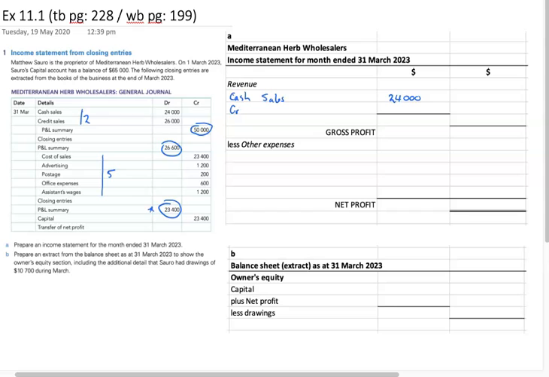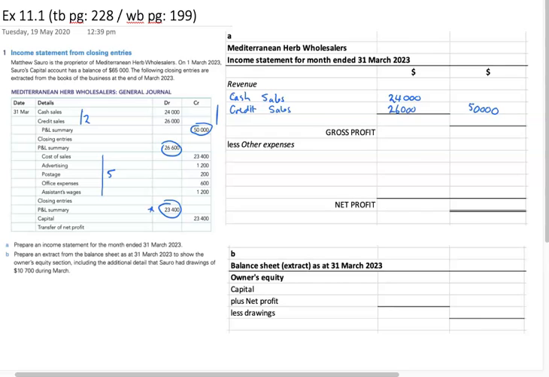And we have credit sales, which is 26,000. If we add these up, that equals $50,000, and that will give us our net sales because we don't have any sales returns. If there were sales returns, they would be part of this closing entry here, but we don't have any.